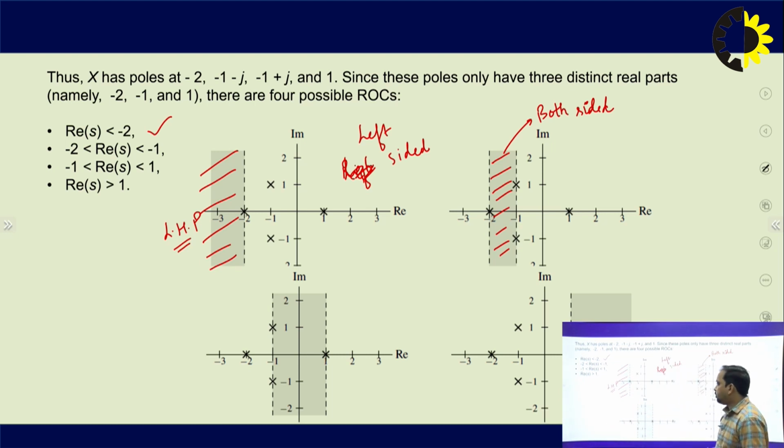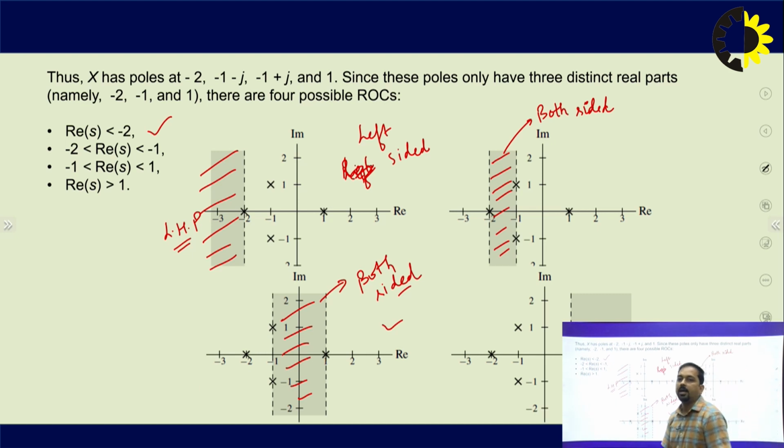Next, third case, again we have the ROC which is between -1 and 1. This ROC signifies that the signal is a both sided signal.